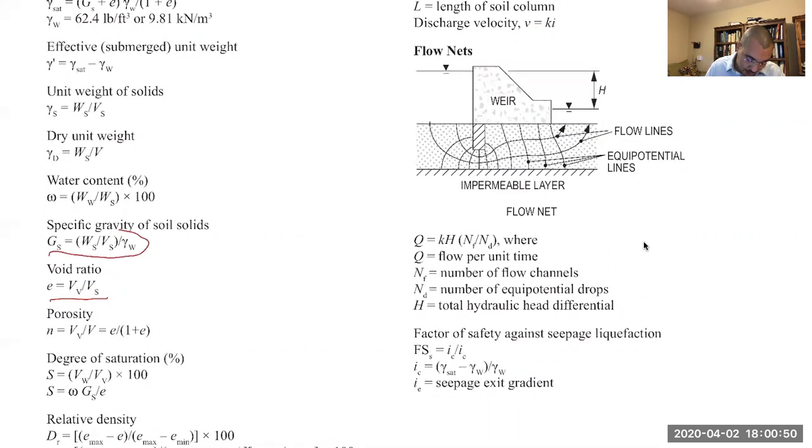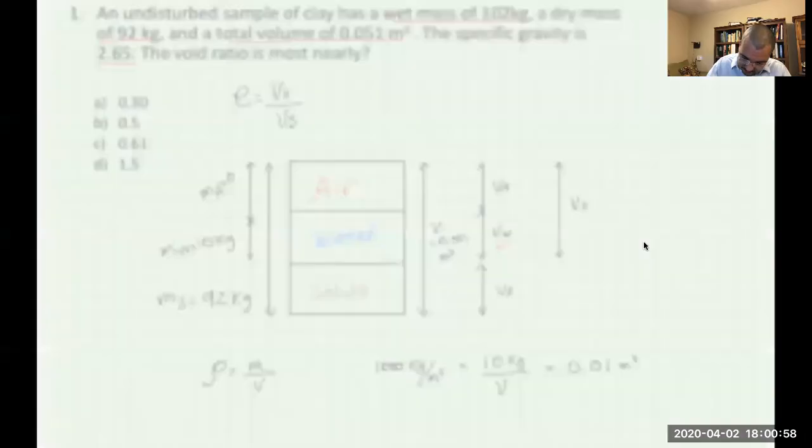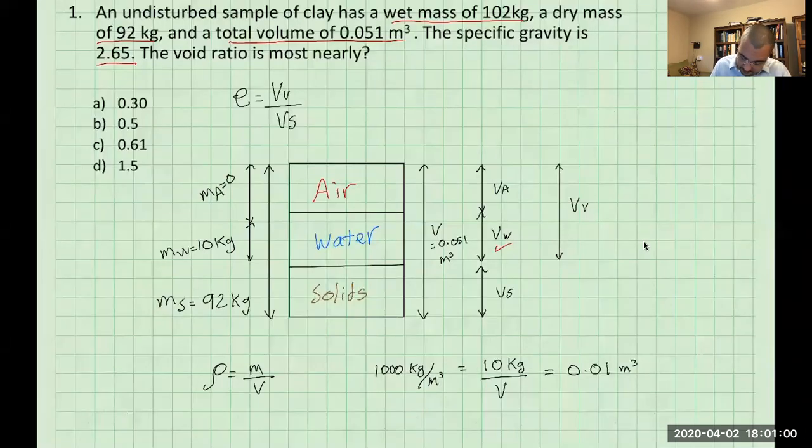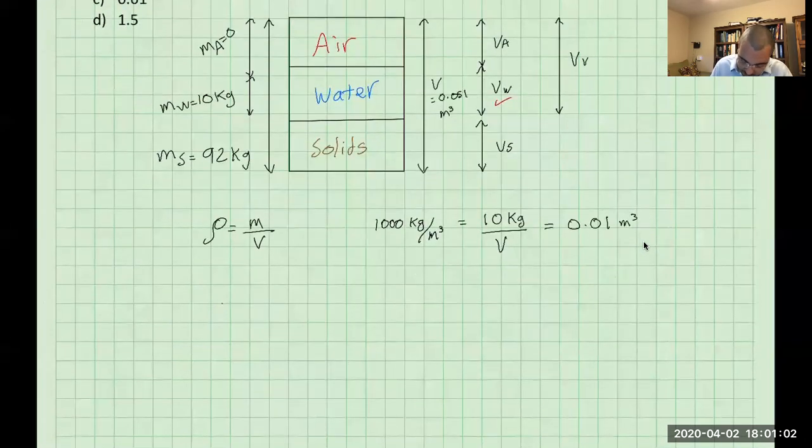So we see this relationship right here. The specific gravity is equal to the weight of solids divided by what? The volume of solids multiplied by the unit weight of water.